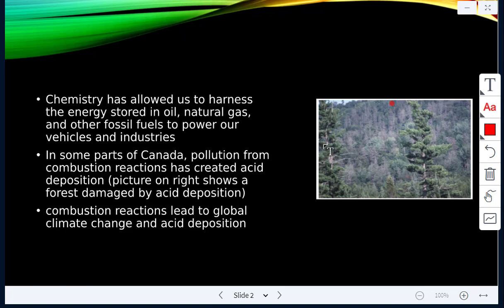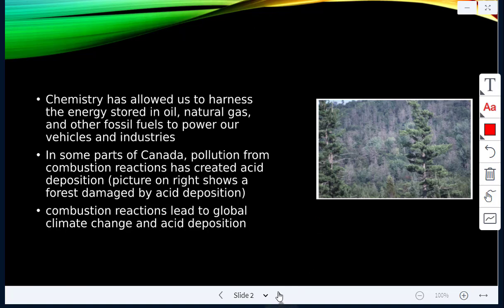This picture on the right is showing a forest that has been damaged by acid deposition, and we'll talk about acid rain, acid deposition a little bit more as we go through the slides.